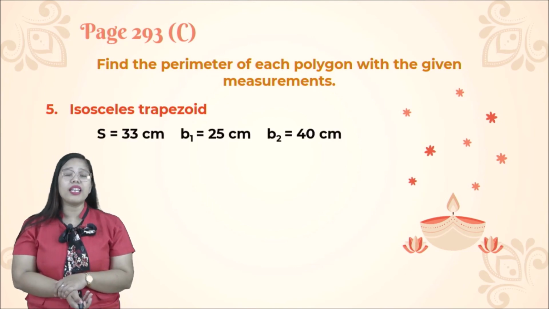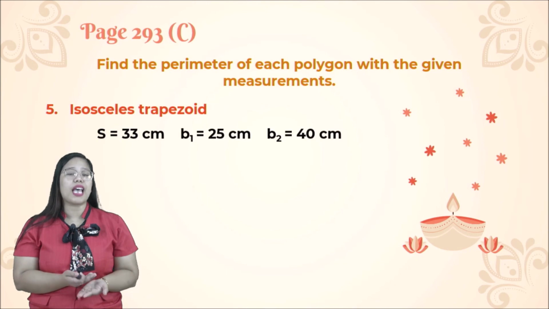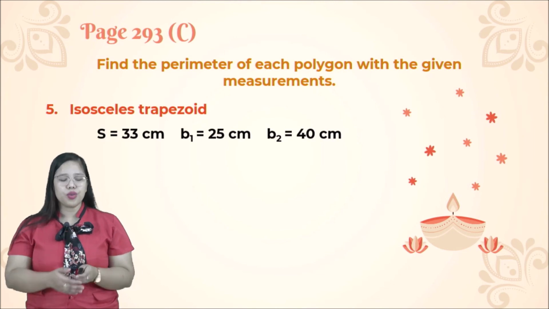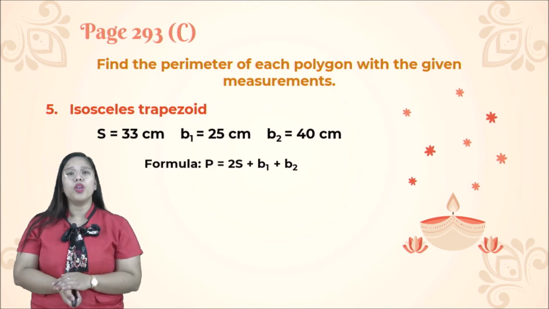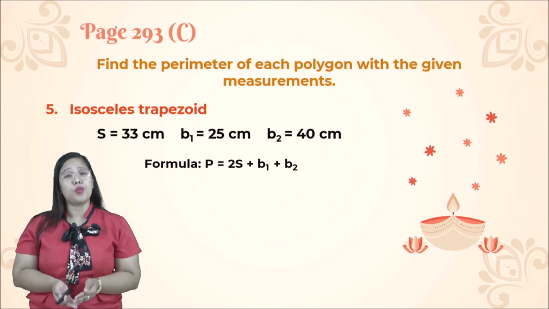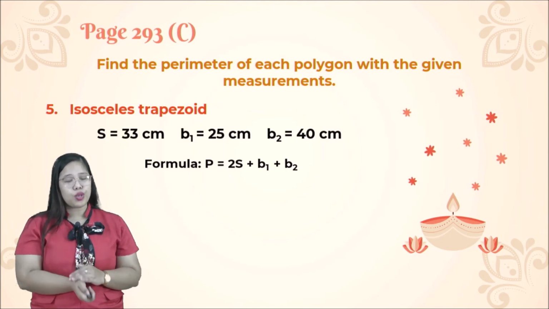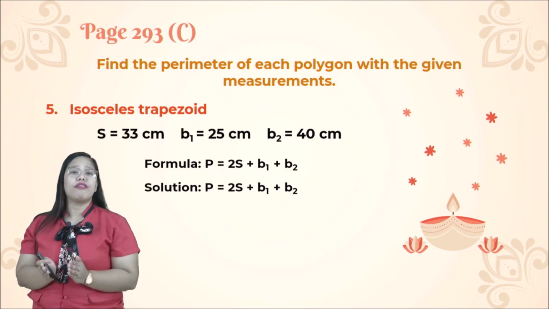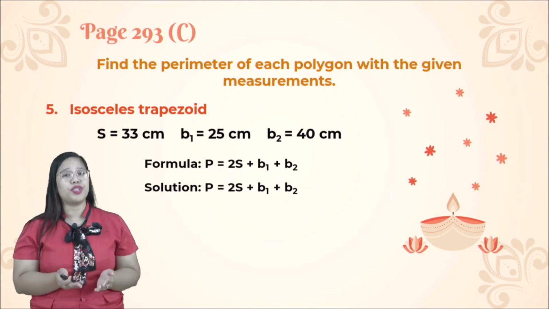So again, kids, we have a measurement of side, 33 centimeters. Base 1 is 25 centimeters. Base 2 is 40 centimeters. So our formula again, kids, is 2S plus B1 plus B2. So we will just substitute the value of the side, the value of base 1, and the value of base 2.